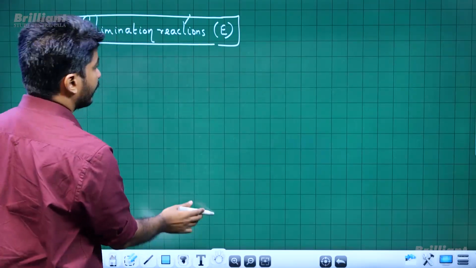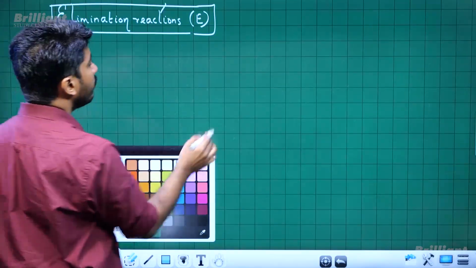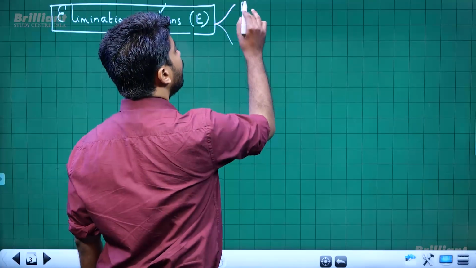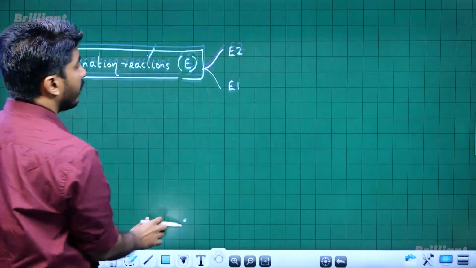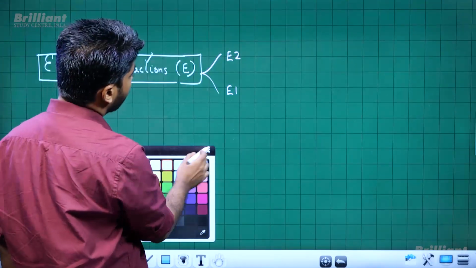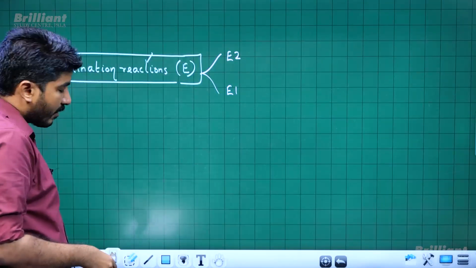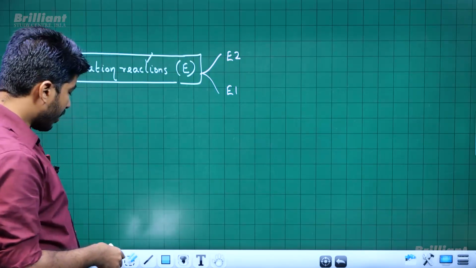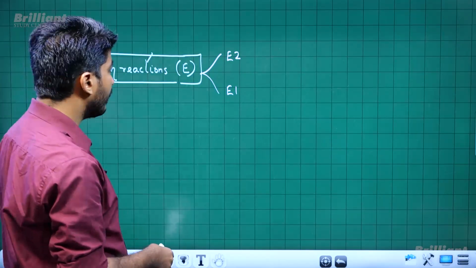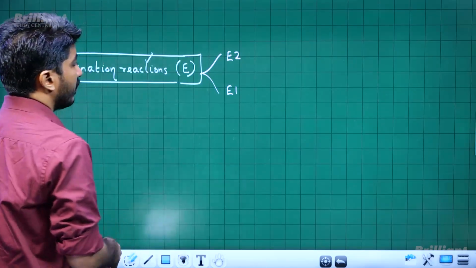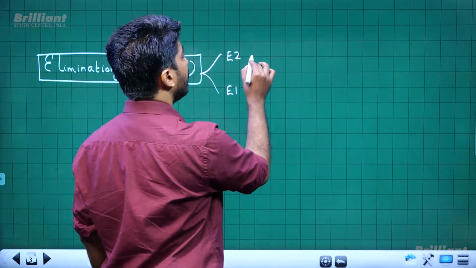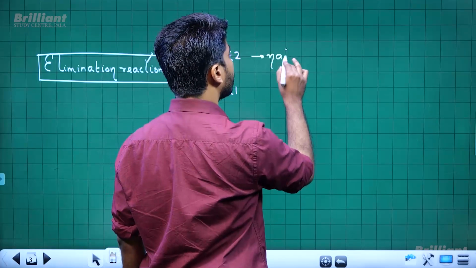In E reactions, we know there is mainly the E2 and E1 mechanism, and E1CB rarely, as you see in the aldol condensation reaction, where there is an E1CB. But generally we will be talking about E2 and E1 reactions. And E2 is the natural mechanism.